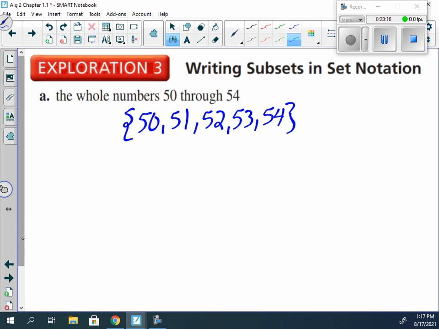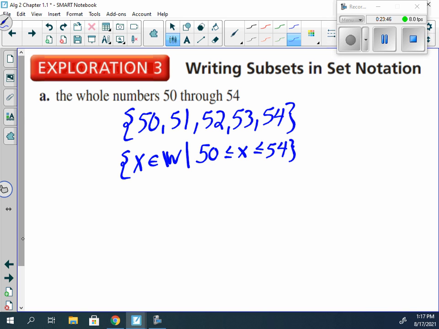Because if we wanted to write this in set notation like we did previously, we would say x is an element of the whole numbers such that 50 is less than or equal to x is less than or equal to 54. Wait, is that any more simple than writing 50, 51, 52, 53, 54? Not really.